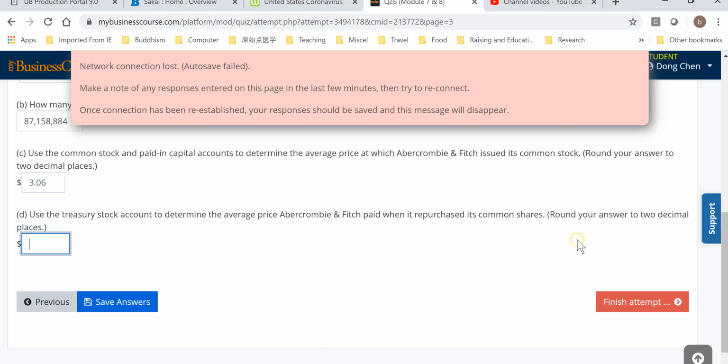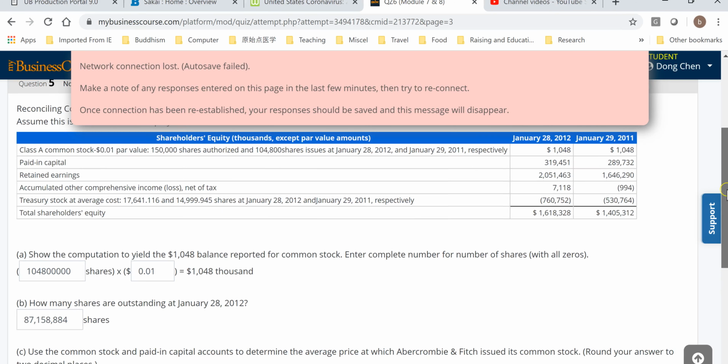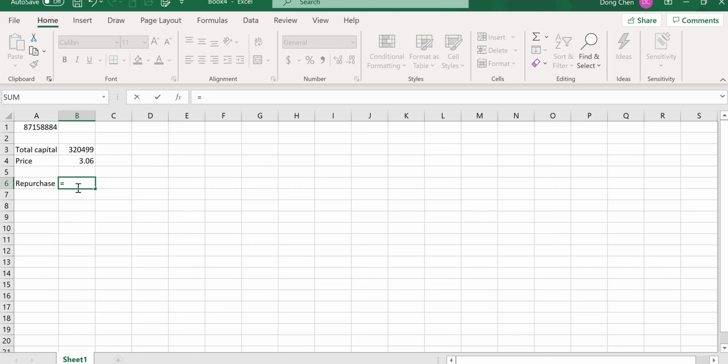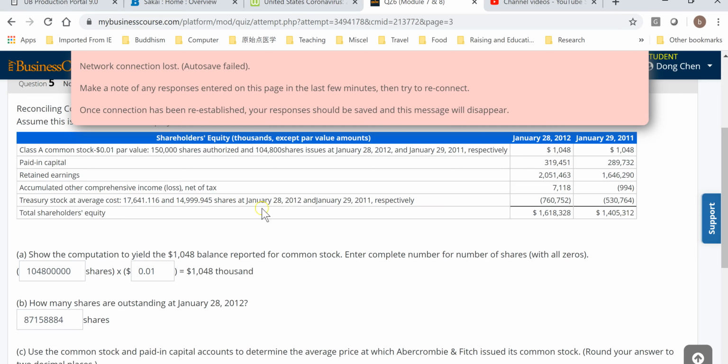And finally, part D, use the treasury stock account to determine the average price the firm paid when it repurchased its common shares. So to determine that, similarly, we can just divide the total amount of money spent in repurchasing the stock by the number of shares repurchased. So the repurchase price will be this amount.